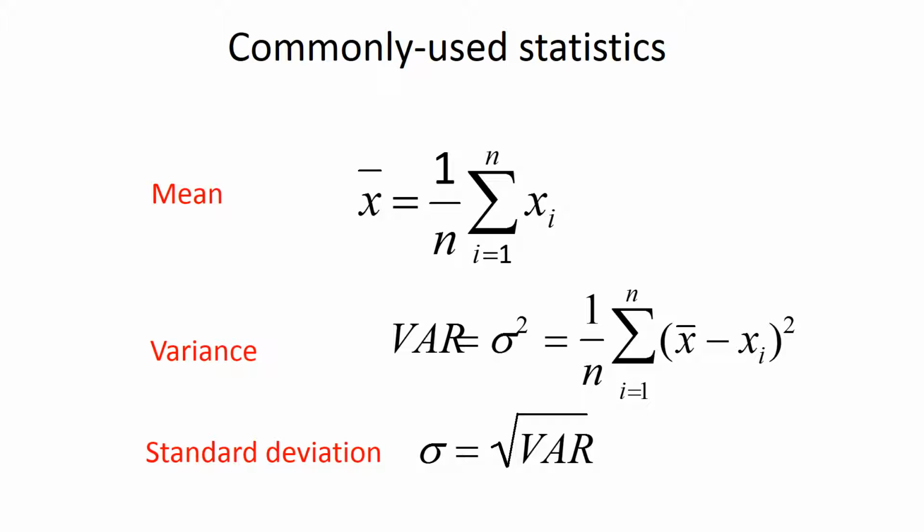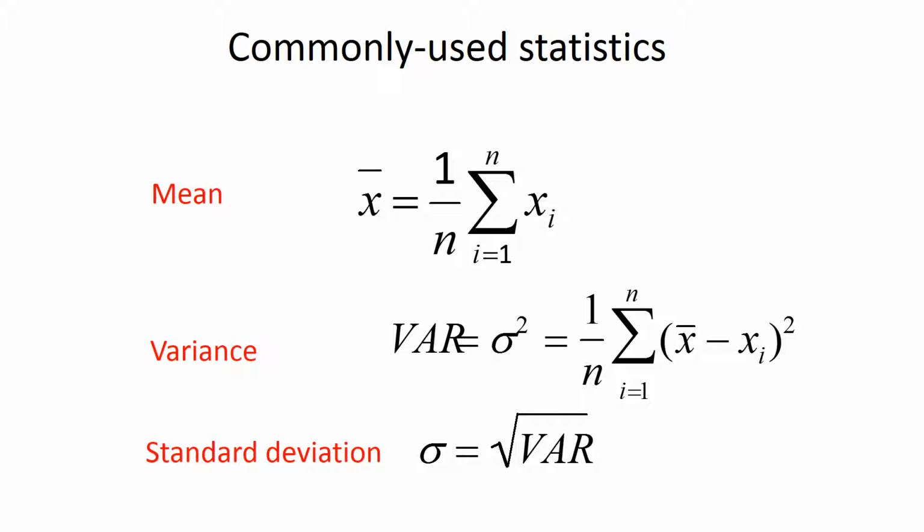Previously we had maybe 13 samples, so i would be 1, then 2, then 3, then 4, all the way up to 13. So from the first sample all the way up to the maximum number of samples, n. You add up all of the numbers, and then you divide by the number of numbers that you have. So that's what that symbol means.